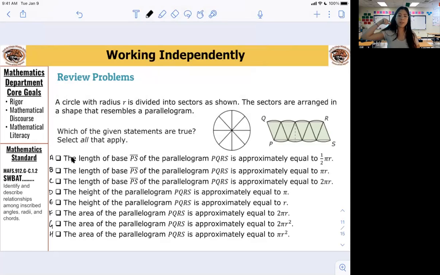Or they might both be wrong, so just be careful. Good, so far I'm seeing good responses. Give yourself another 30 seconds.